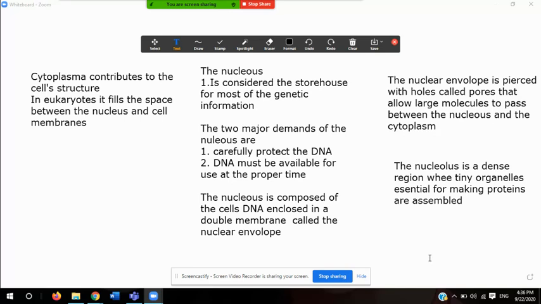We're going to discuss them in a minute. Basically, in the nucleolus is where the ribosomes are found, and the ribosomes are very important in protein synthesis.